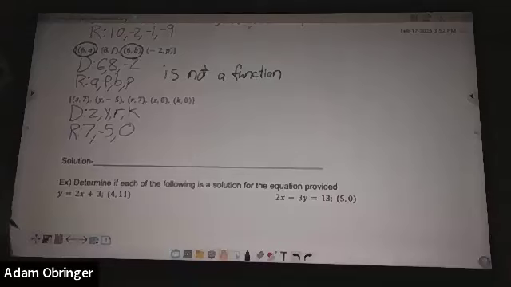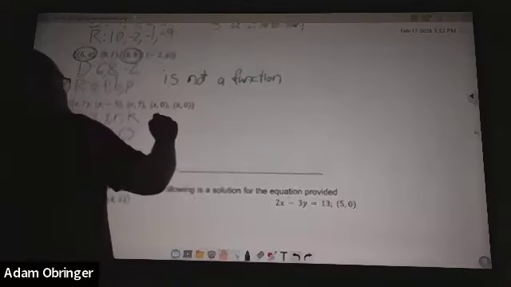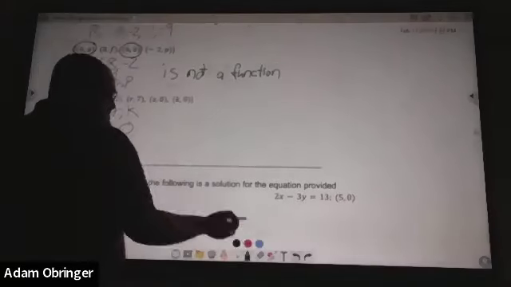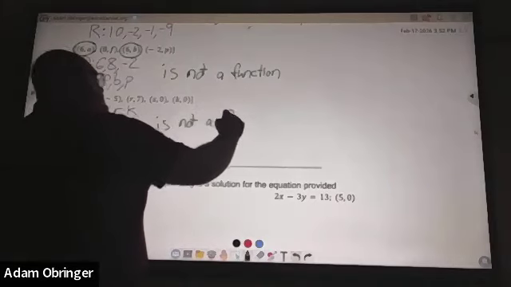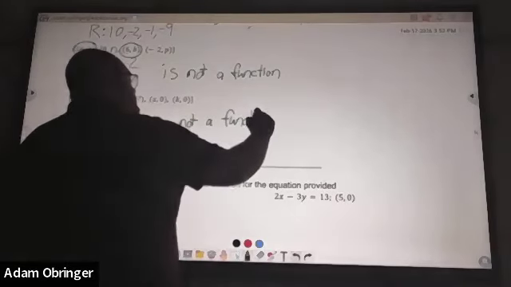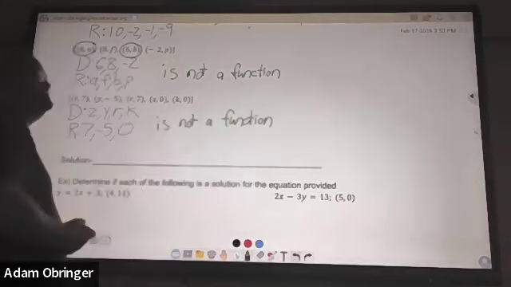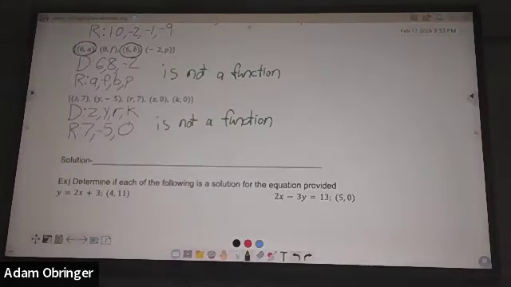Now, as for whether or not this is a function, some people get thrown off about why this may or may not be a function. I will tell you that the answer is, it is not a function. But the question is, why is it not a function? What in particular here is preventing it from being a function?